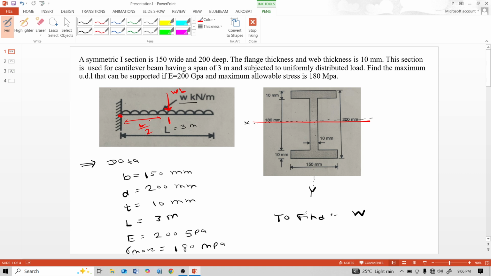Once again, this uniformly distributed load W is in kilonewton per meter. Convert this uniformly distributed load into a concentrated load. That means W multiplied by the length of this beam, and this WL acts at the center of this beam, and the center is at L by 2 distance from the fixed end. For bending moment, this WL load multiplied by the perpendicular distance L by 2, WL into L by 2. That means WL square by 2 is the bending moment for the cantilever beam.